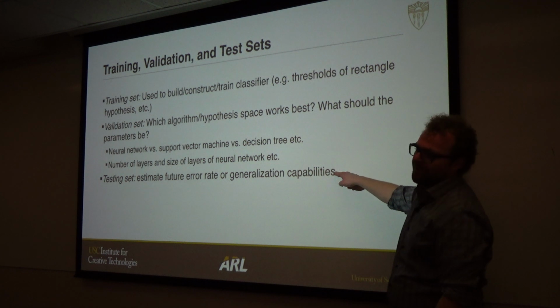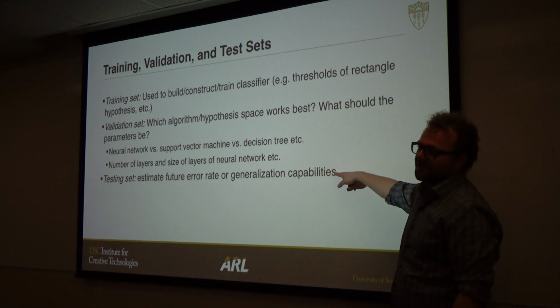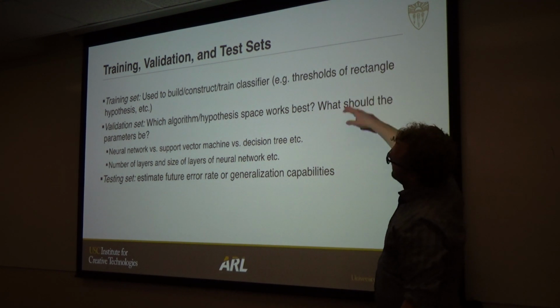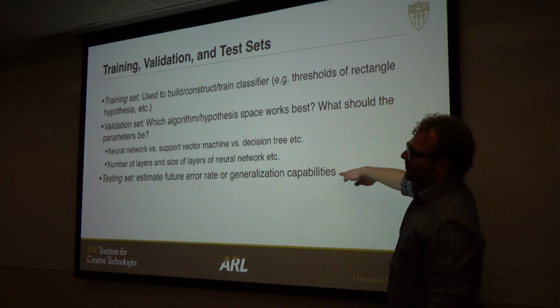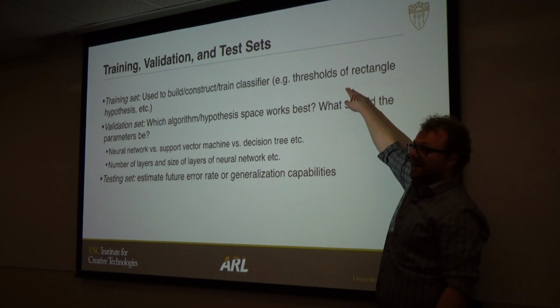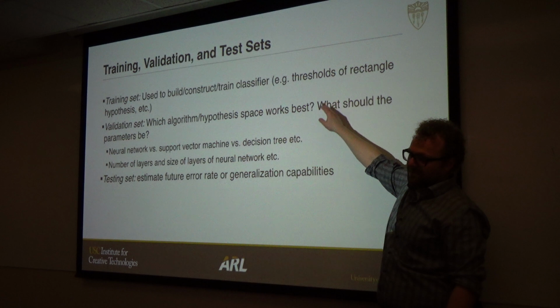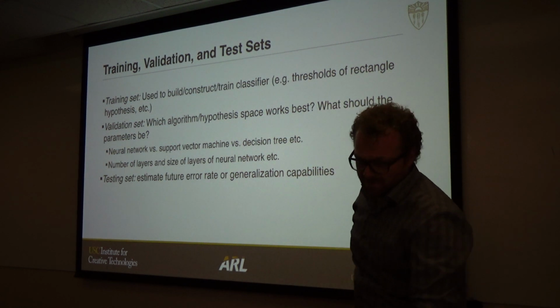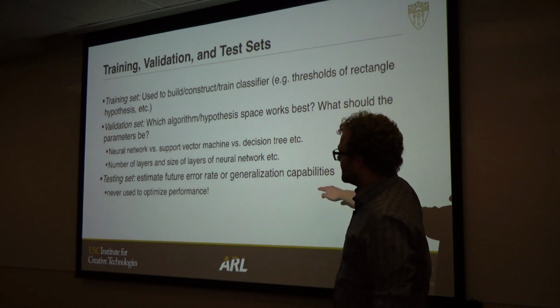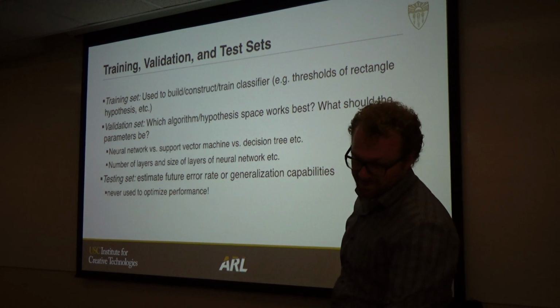And that's what we report. This is all methods, and in a paper we would report exactly how we conducted the methods, right? And the test set is never used to optimize performance.